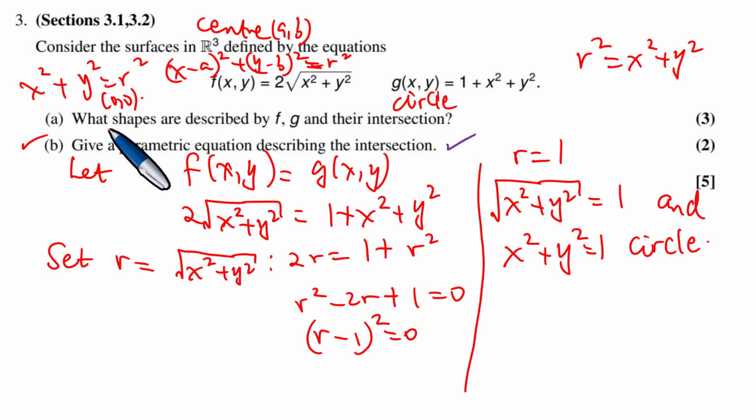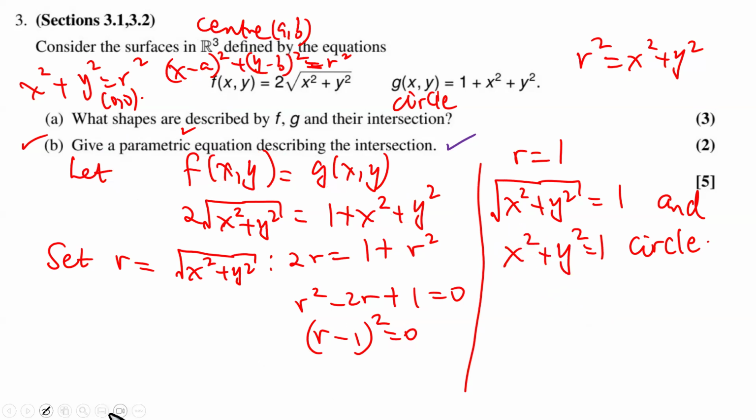So the examiner says give a parametric equation describing the intersection. Okay, this is the equation, but we need to give a parametric one. So we need to parameterize this. We need to give the parametric equations.